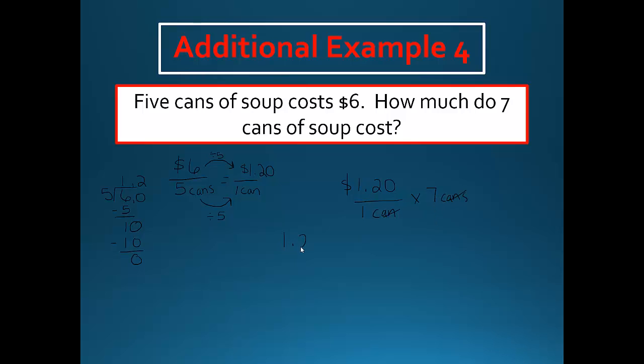So 7 times 0 is 0, 7 times 2 is 14, carry our 1, and 7 times 1 is 7, plus 1 is 8. Since we have our decimal 1, 2, we'll bring it over, so it'll be $8.40. So 7 cans of soup will cost $8.40.